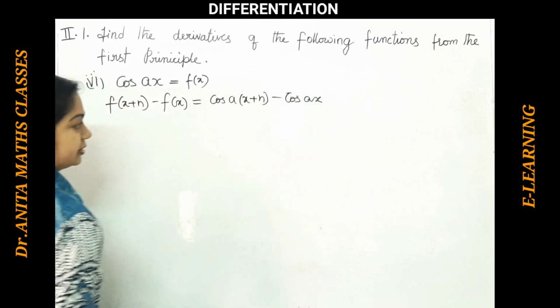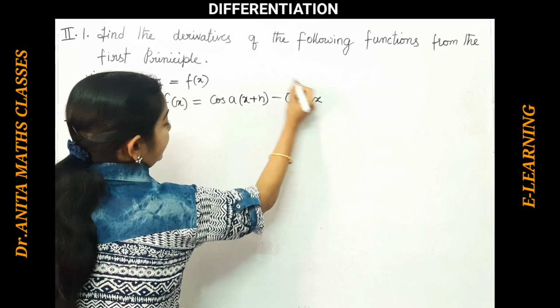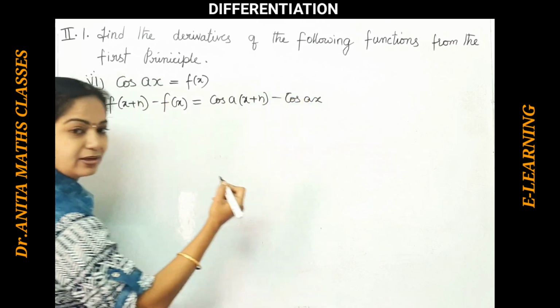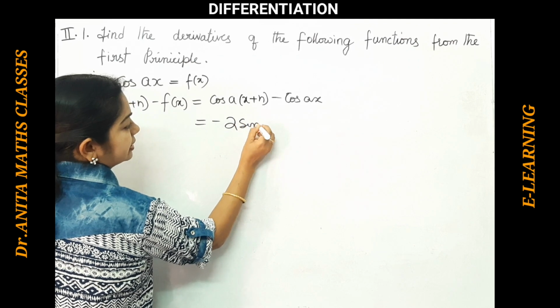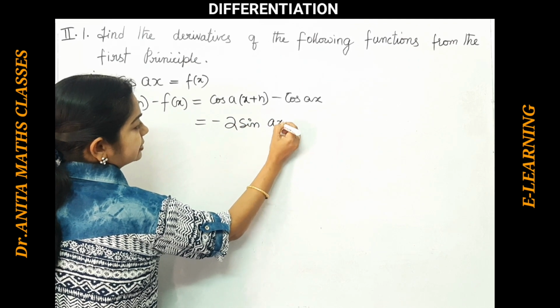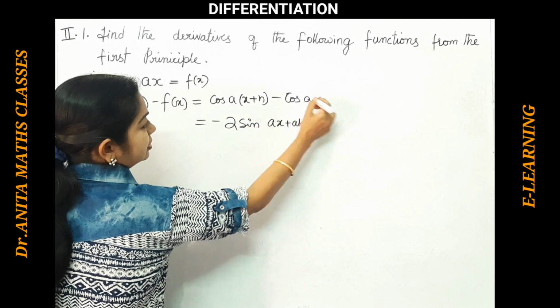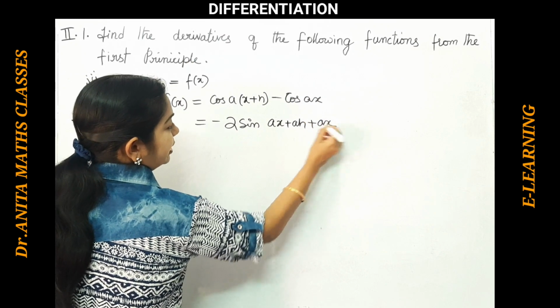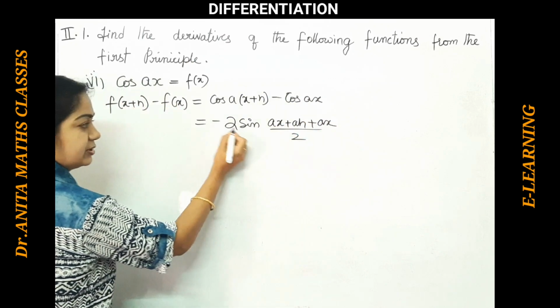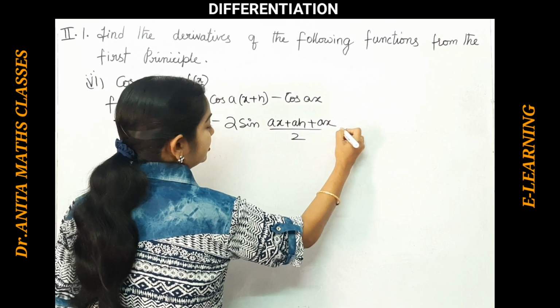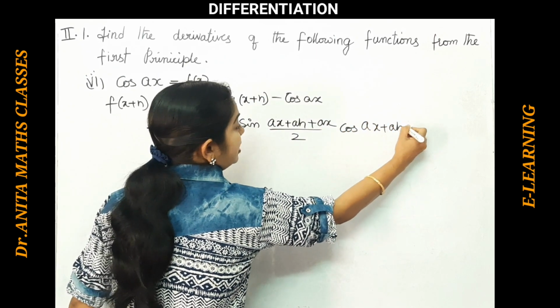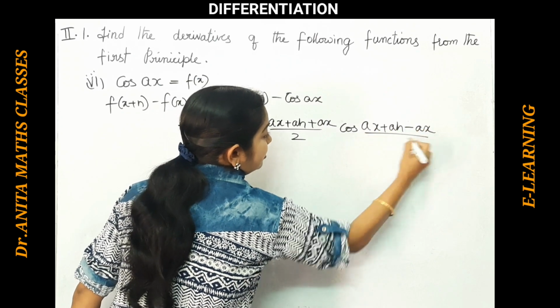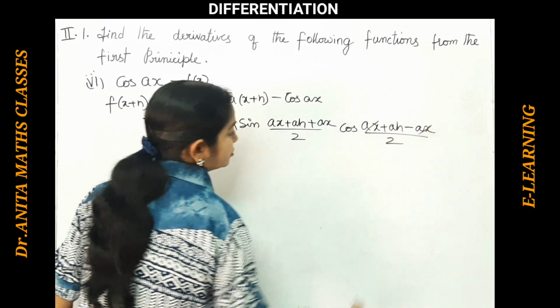Okay, here now this again by using the C and D formula, cos C minus cos D, that is nothing but minus 2 sine of (C plus D) by 2, that is (ax plus ah plus ax) by 2, minus 2 sine (C plus D) by 2 cos (C minus D) by 2. Okay, these two go off.